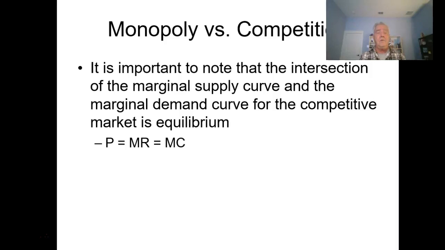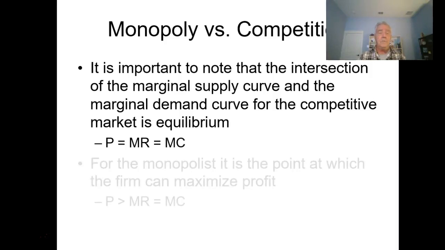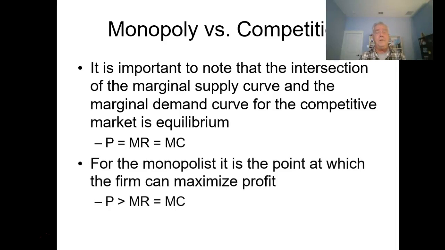That is their equilibrium point. Now that's for a competitive company. For a monopolist, there is the point at which the firm can maximize profits. He's not stuck with a flat demand curve. He is the demand curve. So his price is always greater than the marginal revenue, which is equal to the marginal cost. As we just showed in the last graph, his price is higher.